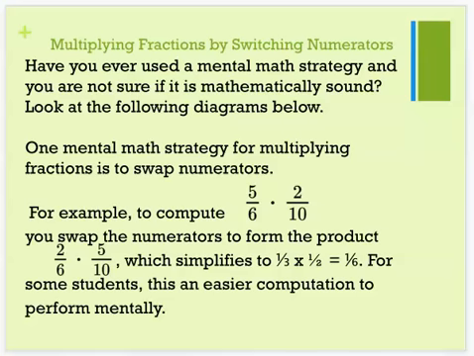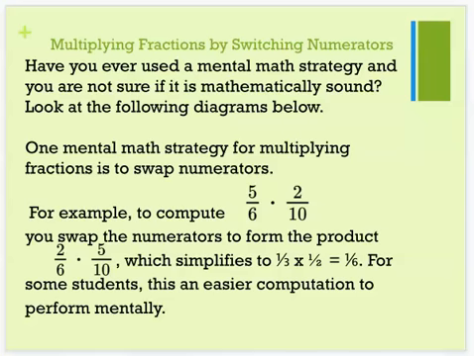This is an interesting one that I'm not sure you're familiar with. Sometimes kids use mental math strategies and they have trouble describing them or even explaining if they're mathematically sound. So look at this one. If you were going to have to multiply 5/6 times 2/10, sometimes students will swap numerators and change the problem to 2/6 times 5/10.